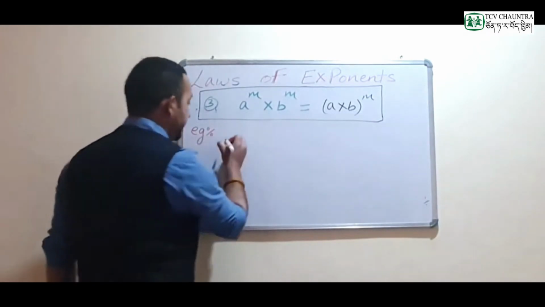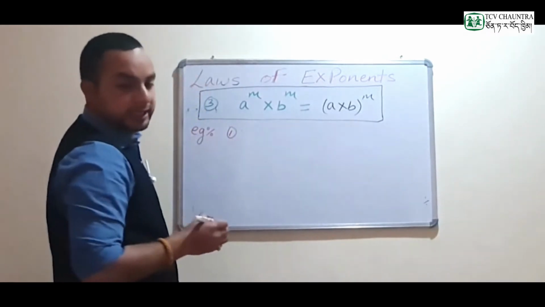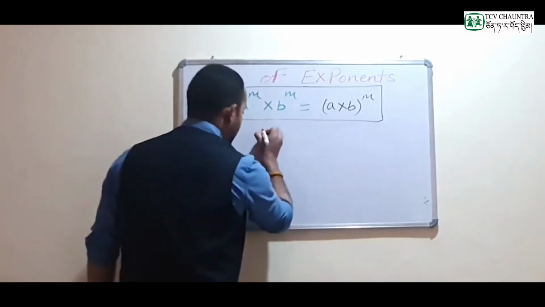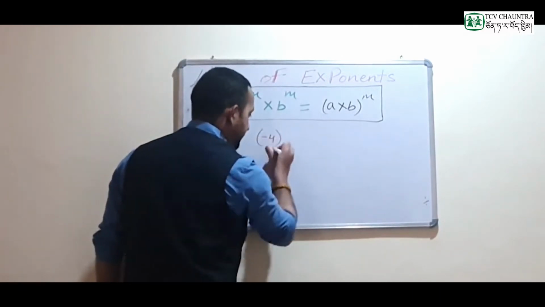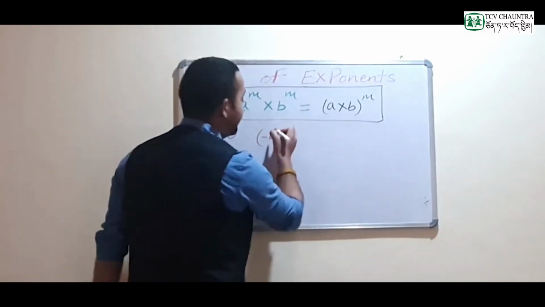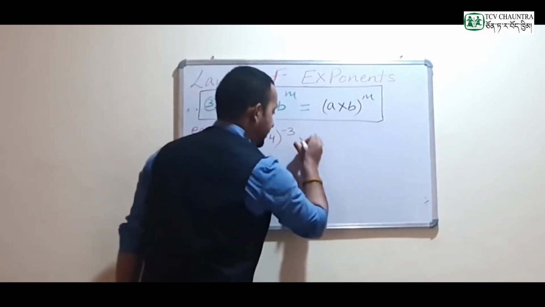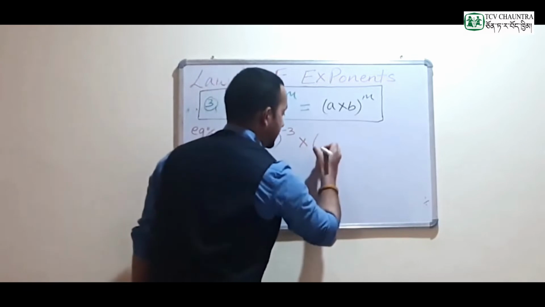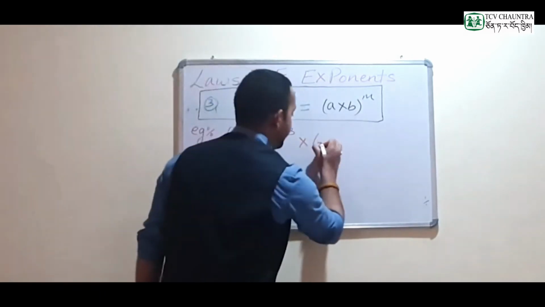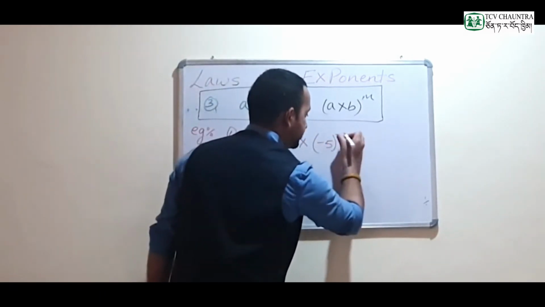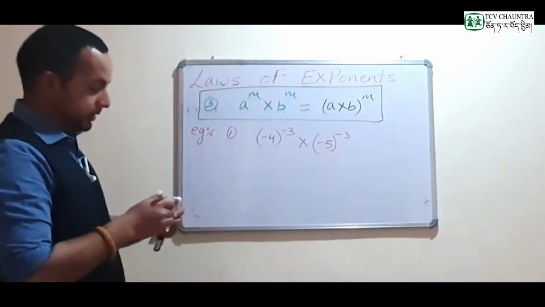So the example is, suppose I take negative 4 whole raised to the power minus 3 into negative 5 whole raised to the power minus 3.